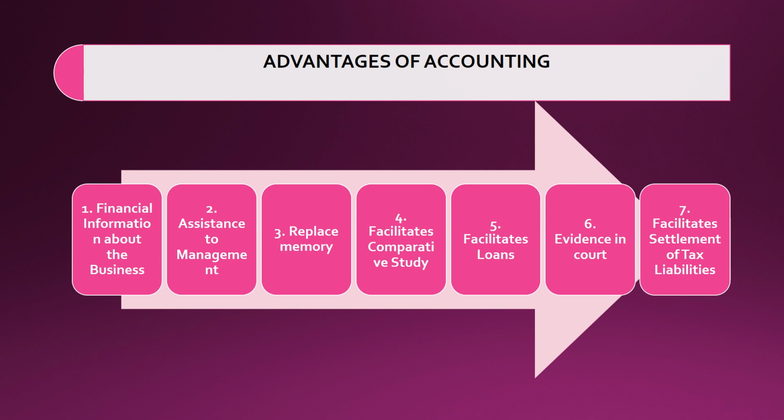The next one is accounting replaces memory. Accounting is very helpful in providing the systematic records of the business, which may be referred to from time to time, since records are available at any moment, and whenever information for any duration is required, accounting provides it.